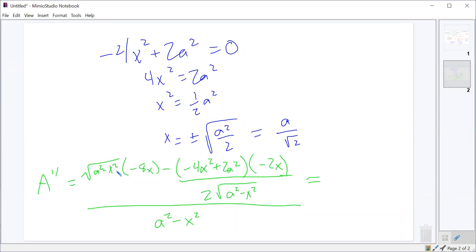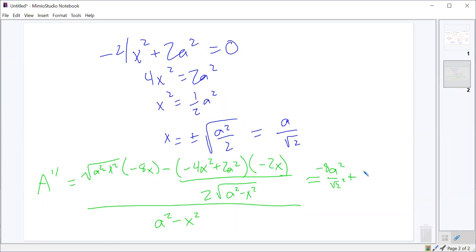So a squared minus a squared over 2 is just a squared over 2 inside of a square root, which is a over root 2. And then times negative 8a over root 2. So negative 8a squared, and then another root 2 down there. And then these negatives right here will cancel out.